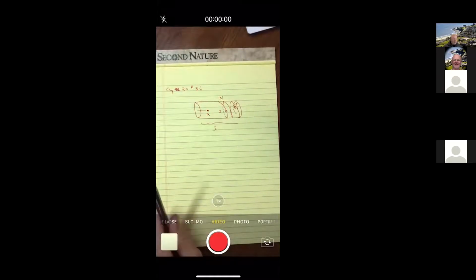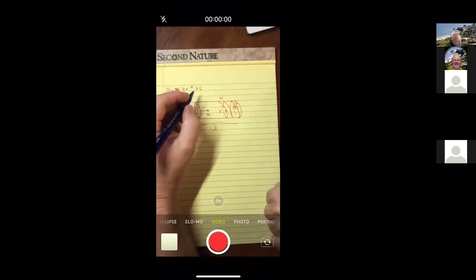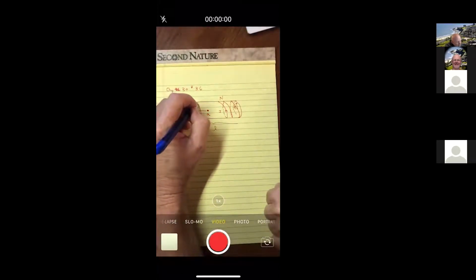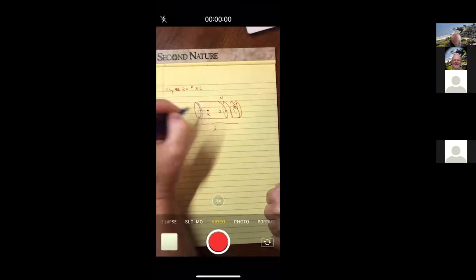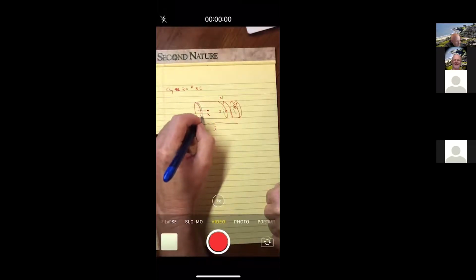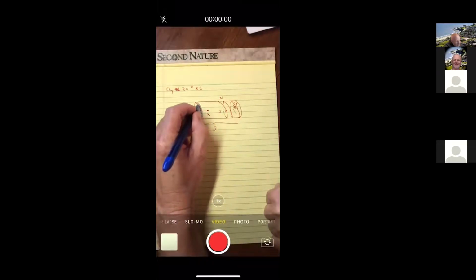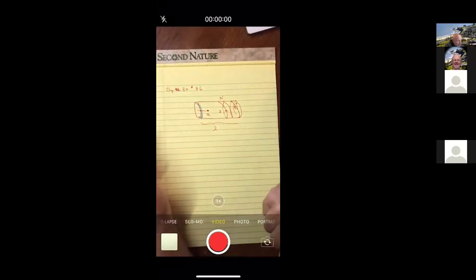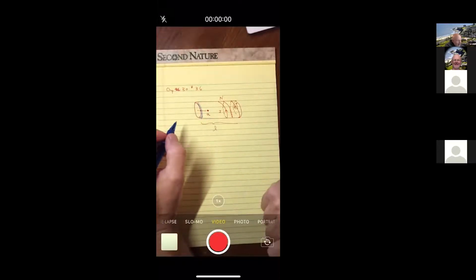But here's the logic behind it. Let's see if I could maybe change colors here. Here's my thinking. I'm going to take this solenoid and think of it as slices, where this first slice right here is maybe like a stack of quarters laying on its side.